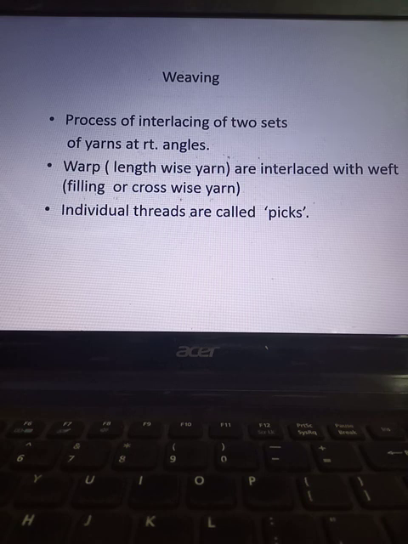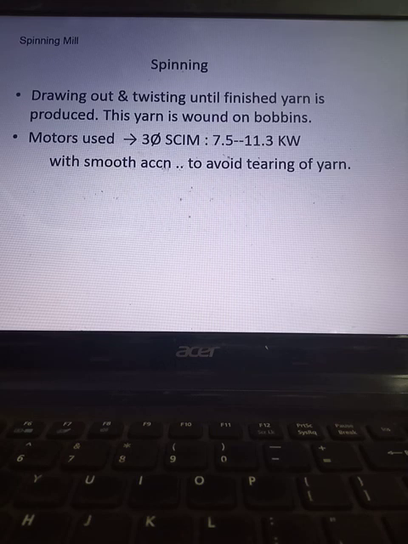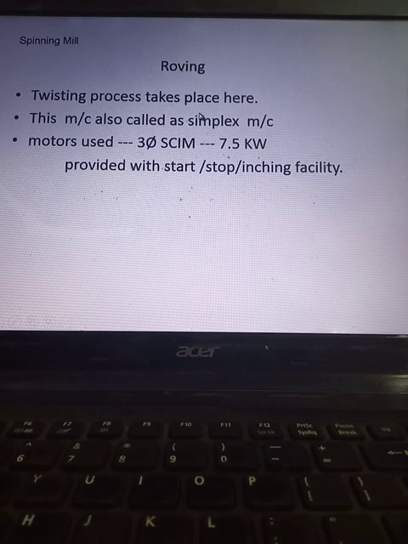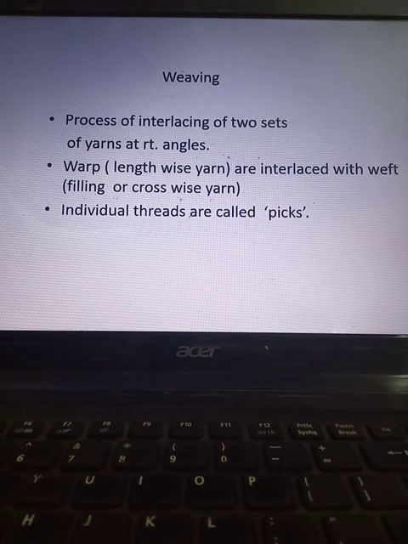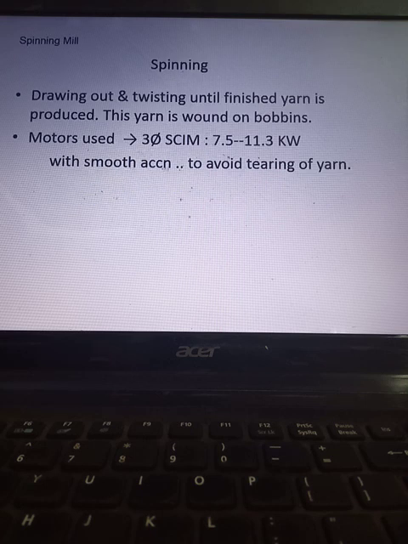The uniform thickness of the yarn depends on the constancy of speed in spinning, roving, etc. Only when these happen at constant speeds, the yarn will be uniformly thick all through. Then the cloth will be of better quality. That is why the speed control accuracy is very important. That again points to the induction motor with solid state control.